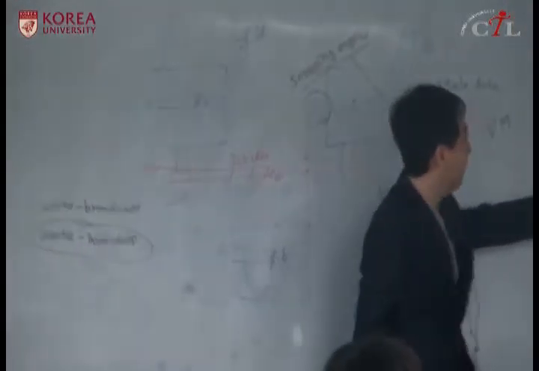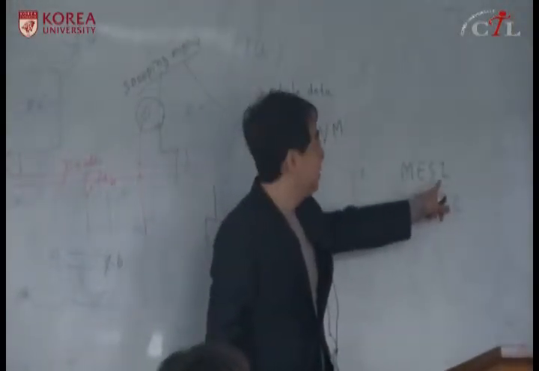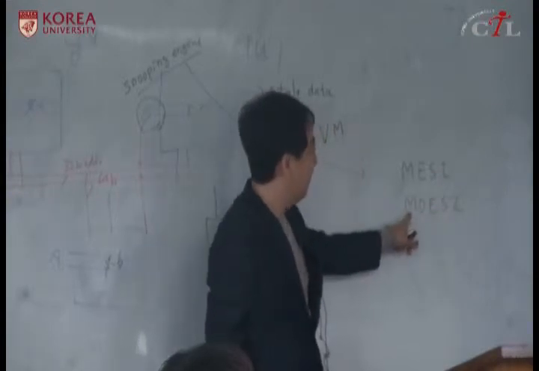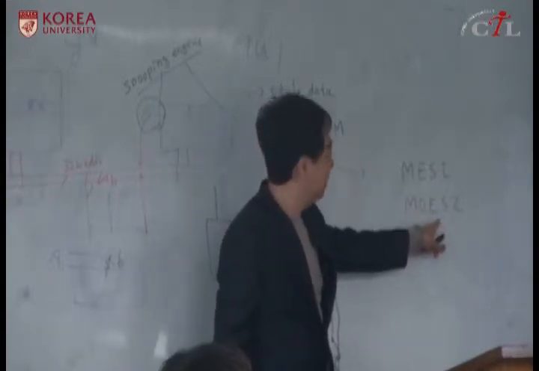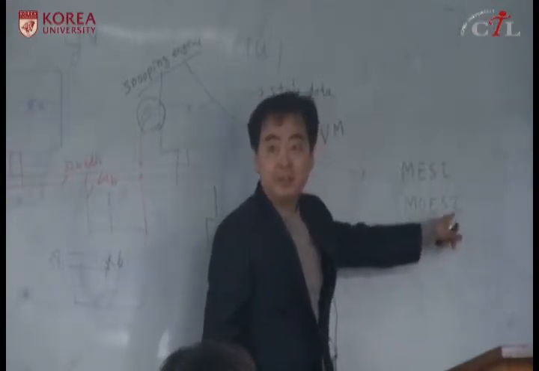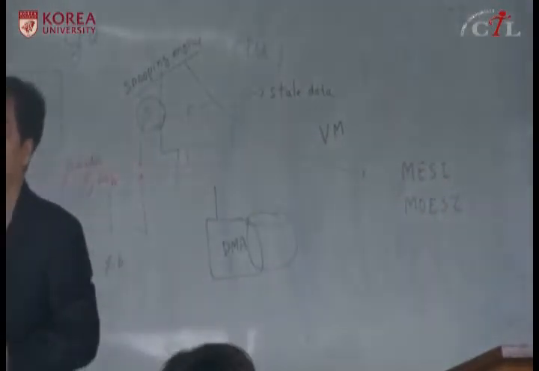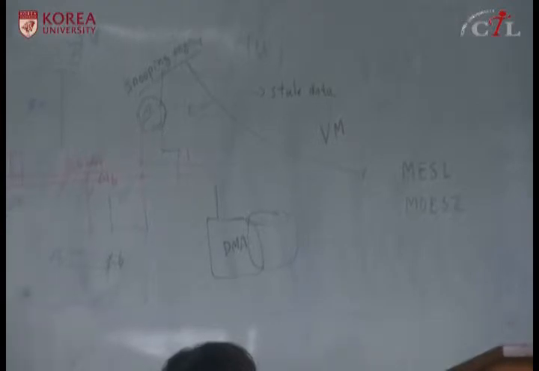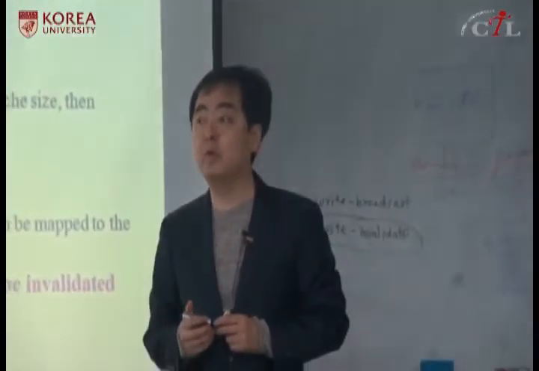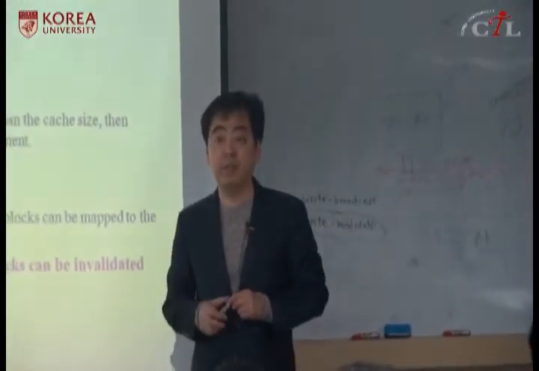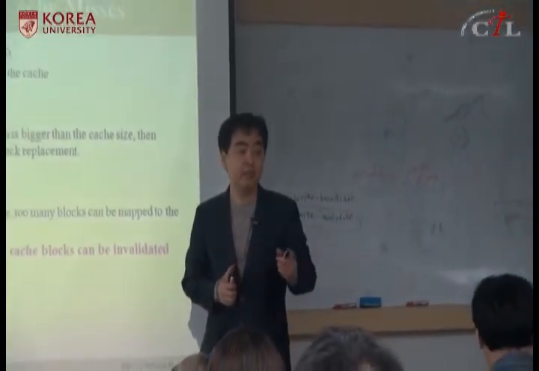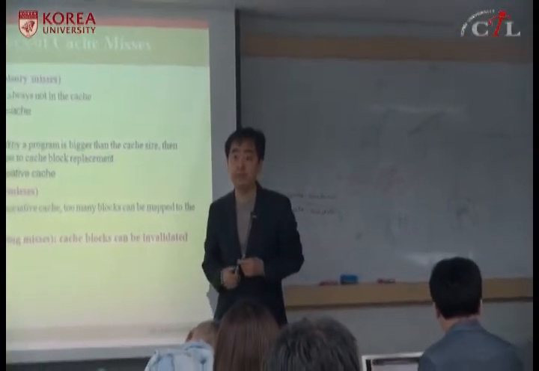This is modified, exclusive, shared, invalid, and modified, ownership, exclusive, shared, invalid. Those are bus-based cache coherence protocols. This is only for small-scale multiprocessors, such as the multi-core used for your CPUs.